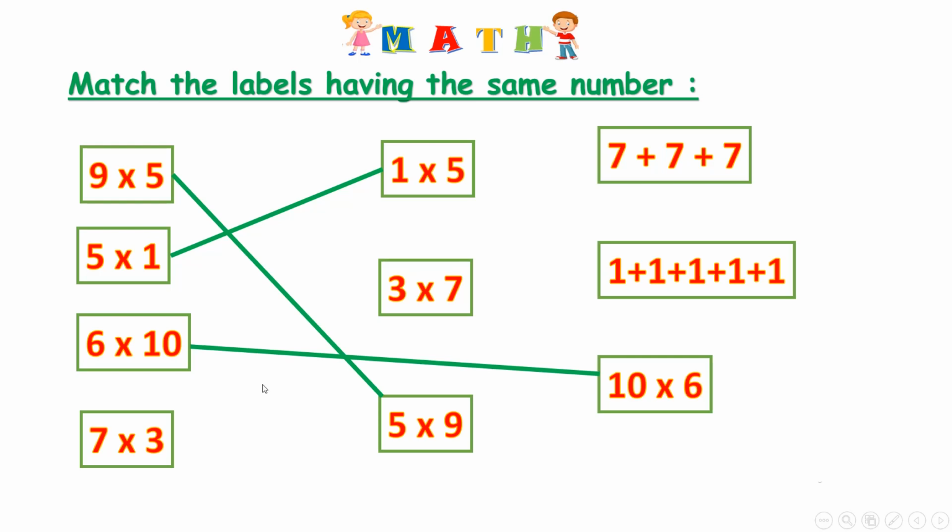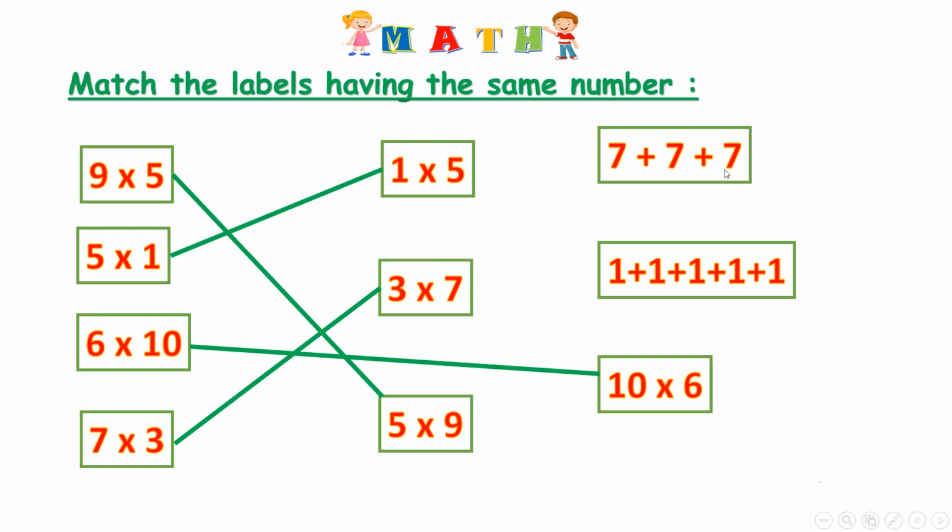Great. Now the last one in here, it's 7 times 3. For the next column, I have 3 times 7. It's the same. Great. I will match because I can flip 7 times 3 and 3 times 7 and I will have the same answer.